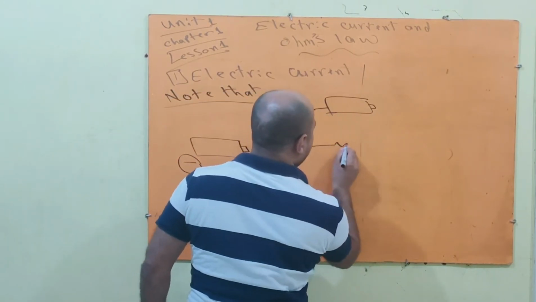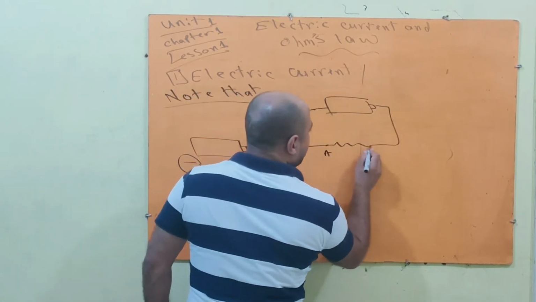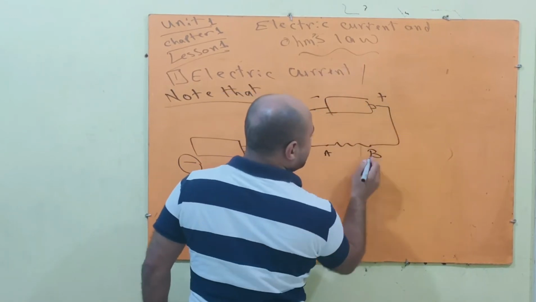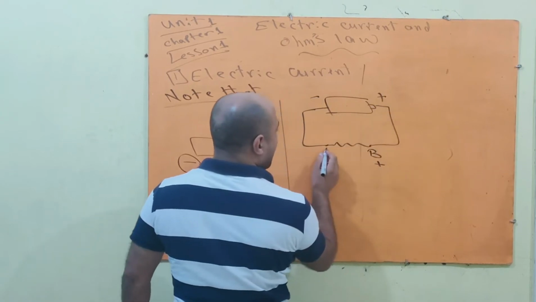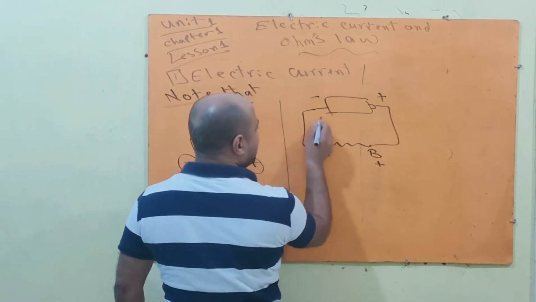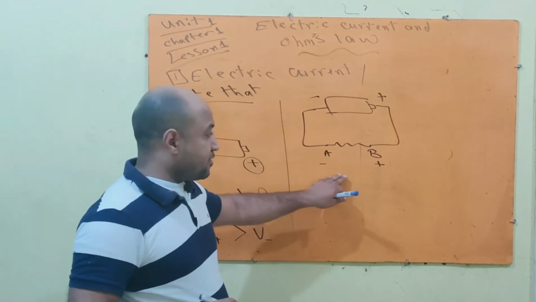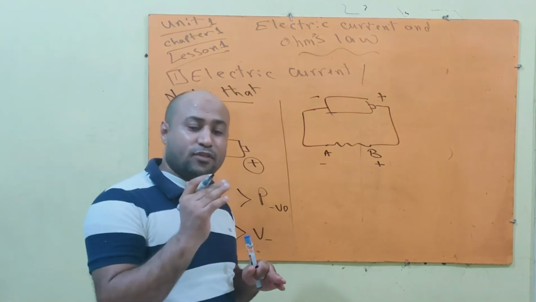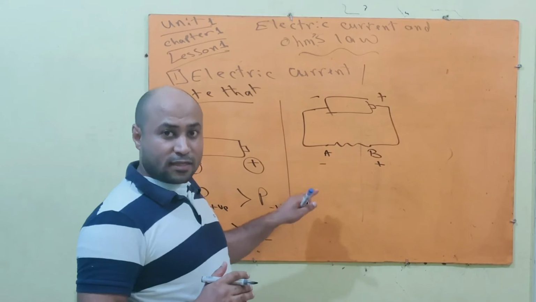Point A, point B, positive pole, negative pole. So this point B is positive because it is connected to positive pole, and this point A is connected to the negative pole. The electric current always flows from the point of high electric potential to the point of low electric potential.